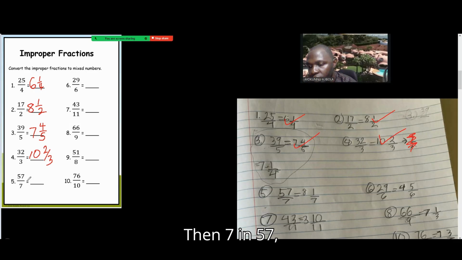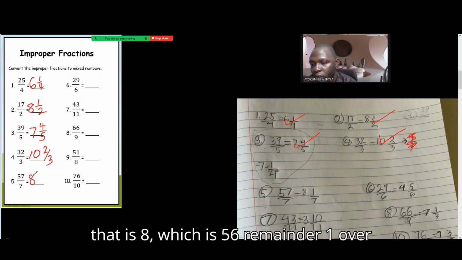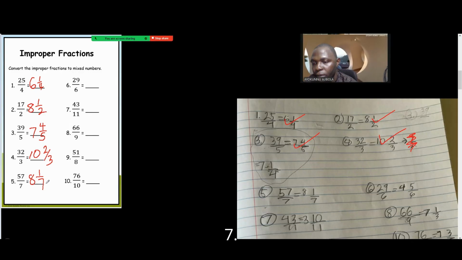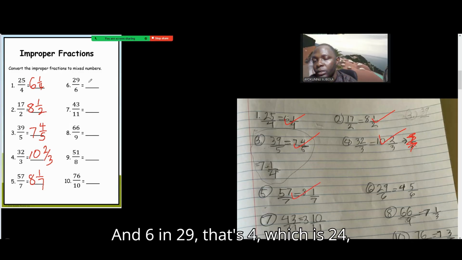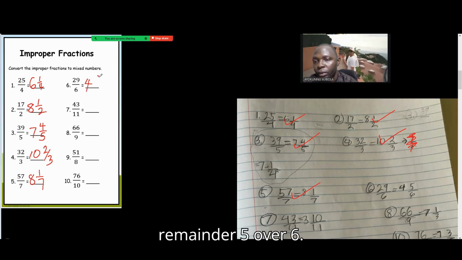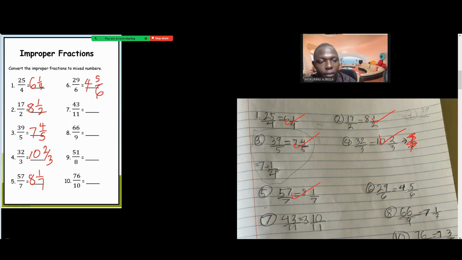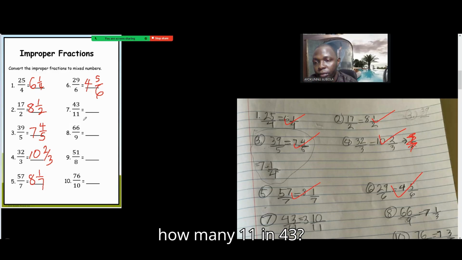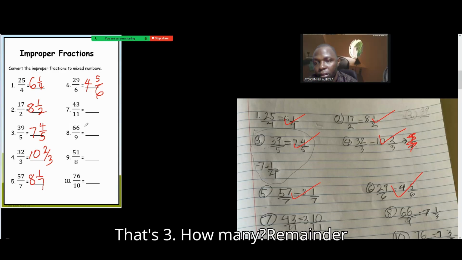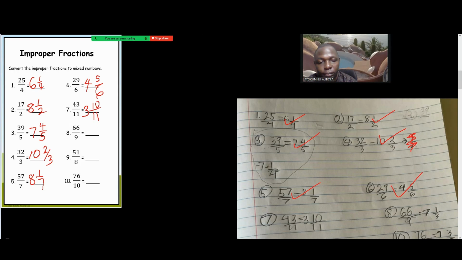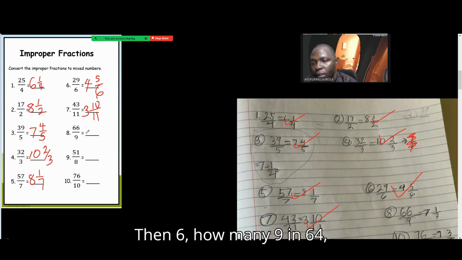Then 7 in 57, that is 8, which is 56, remainder 1 over 7. And 6 in 29, that's 4, which is 24, remainder 5 over 6. Then how many 11 in 43? That's 3, remainder 10 over 11. Then how many 9 in 64?